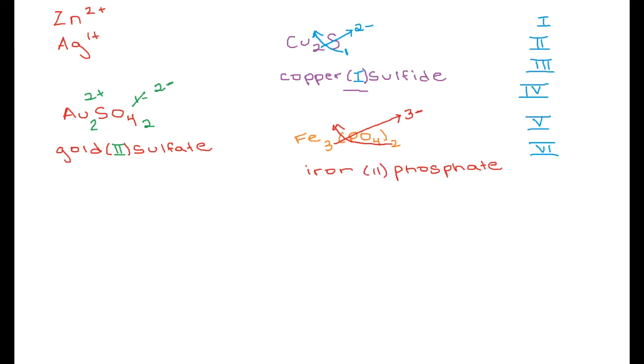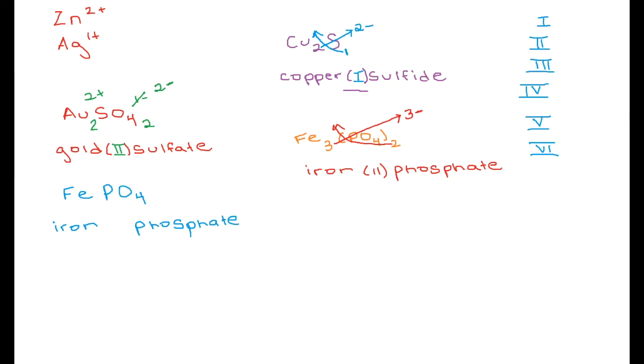Okay, let's look at another one. Just do a bunch of them to make sure we got them. I'm going to do iron again. Let's do FePO4. Okay, so again, I've got iron phosphate. But I'm changing the charge of iron here, so let's figure out what it would be.